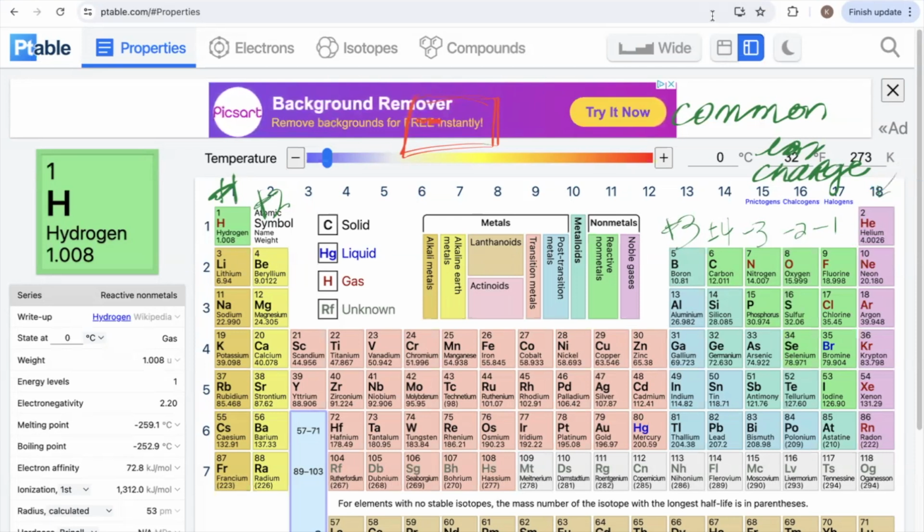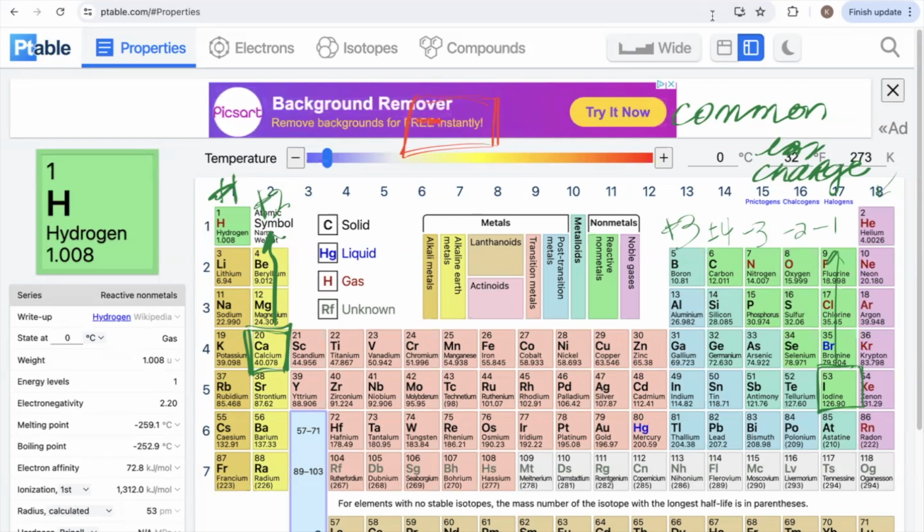So we wanted to know what the formula would look like between calcium and iodine. So I'm just going to point these out here on the periodic table. Calcium is a +2 and iodine is a -1. All right. So that's where I got that.